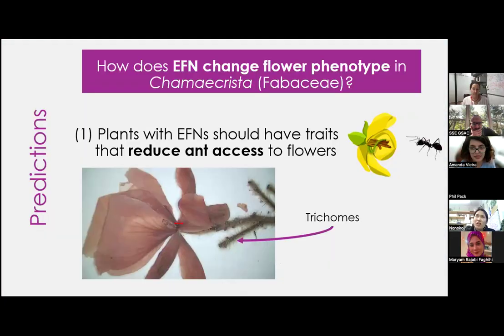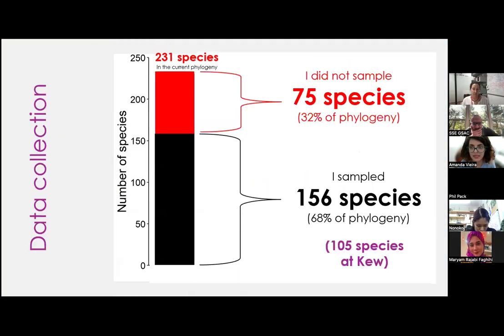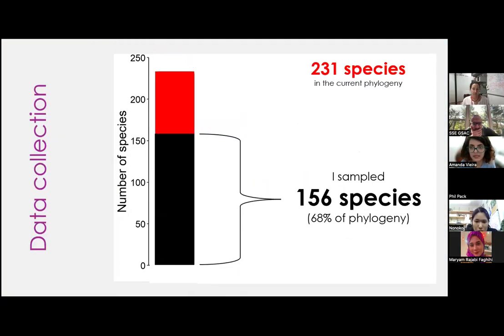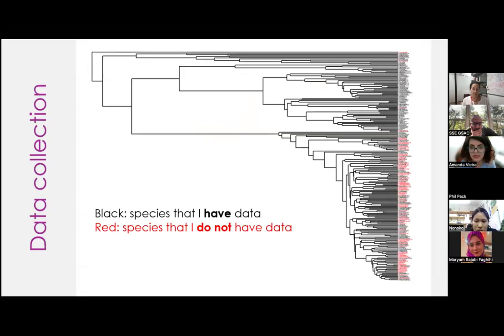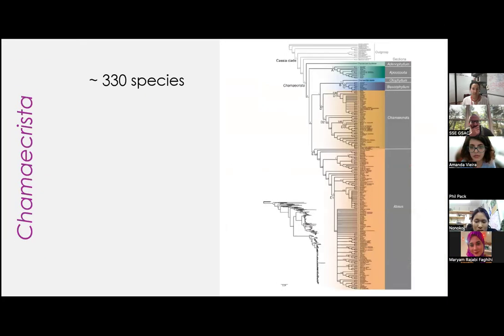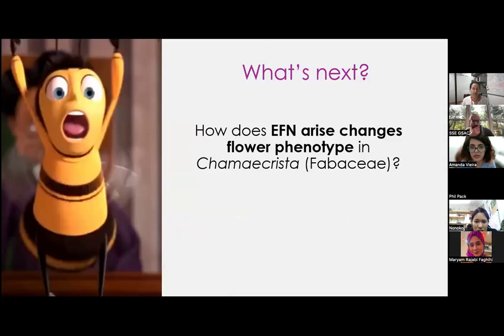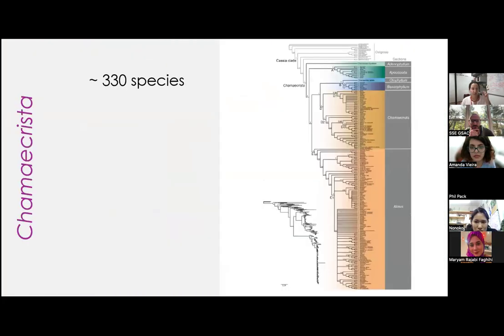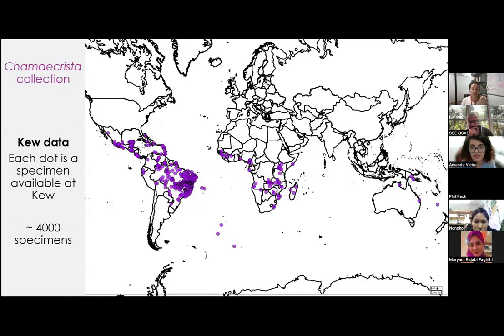The slide showing many dots on the global map. Yeah, the map with the distribution of the purple dots, the specimens. That one.